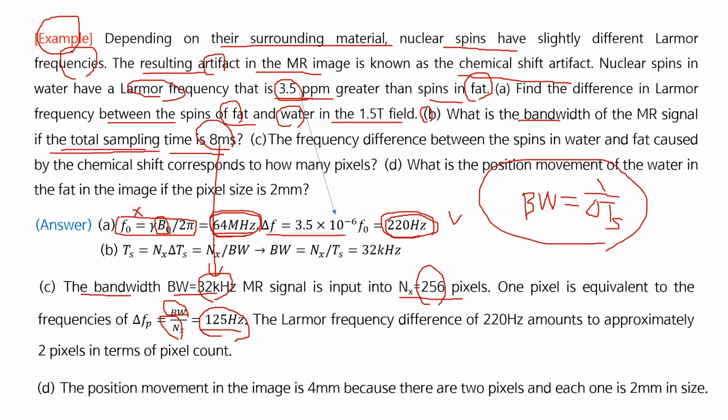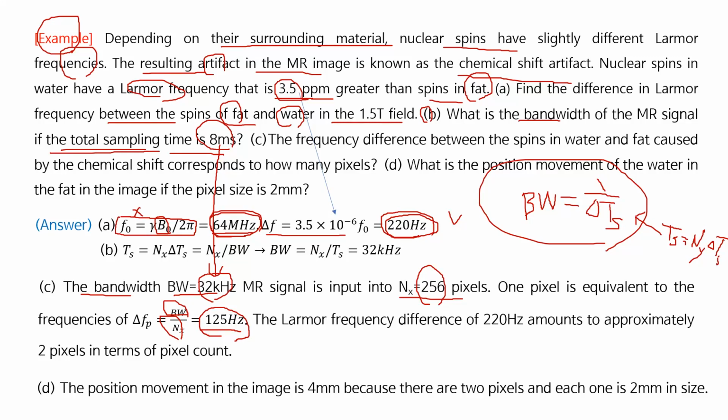We have TS, total sampling time. So TS equals NY times delta TS.